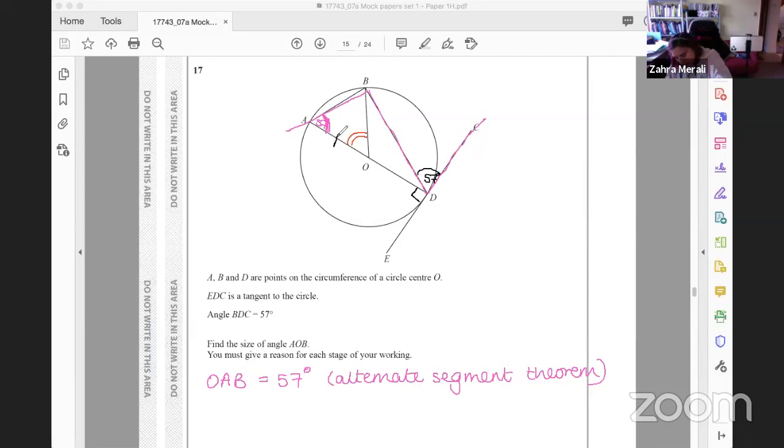Now we know that this is a radius and this is a radius. So if that's 57, that must also be 57, because we've got base angles of an isosceles triangle. So we've got OBA, because remember the center one is 57, and that's base angles of an isosceles triangle.